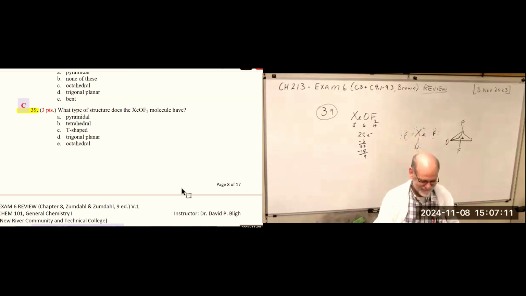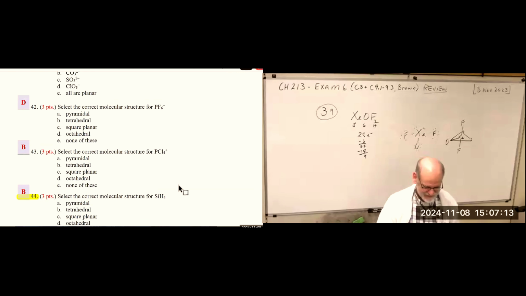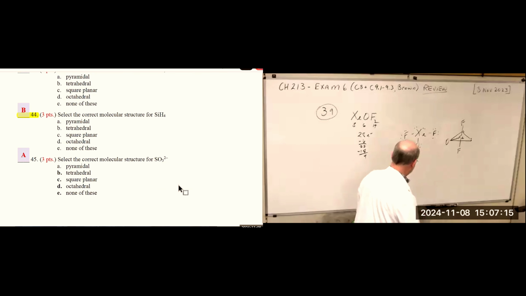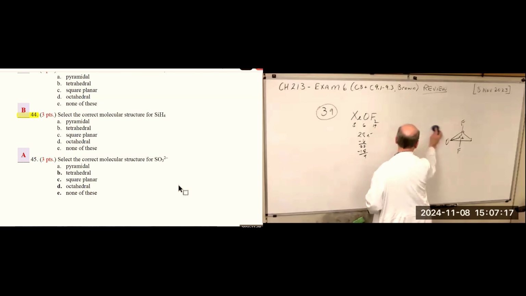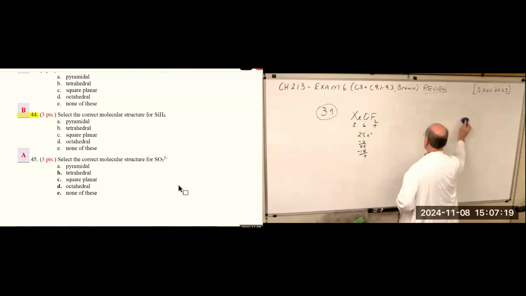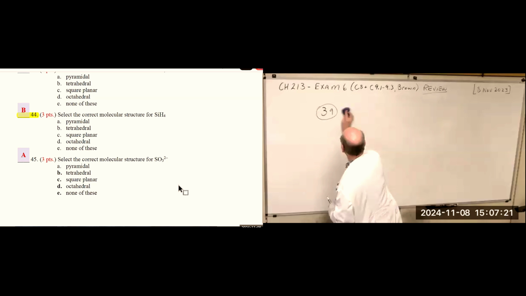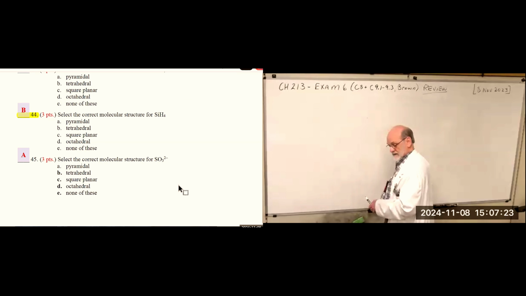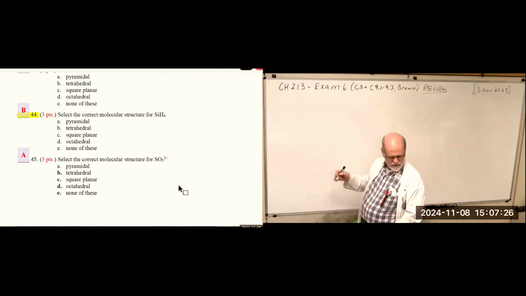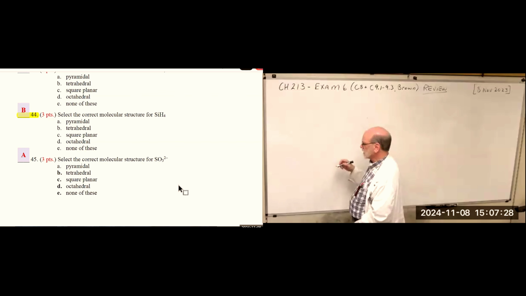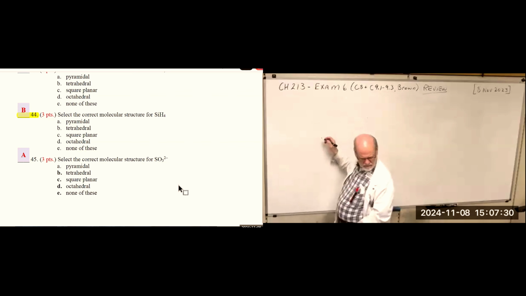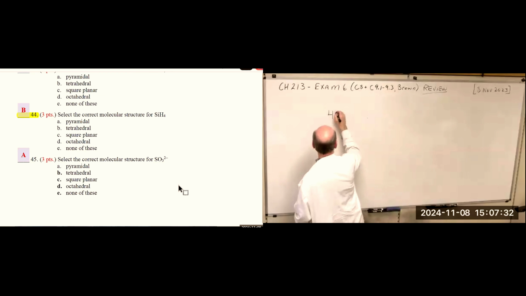All right. Let's see, 44. You shouldn't even have to do this one. 44, correct molecular structure for a silicon. Let's see. Yeah, 44.